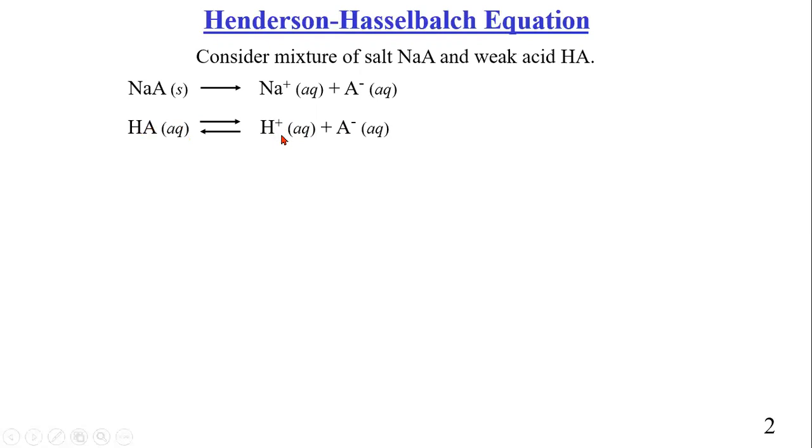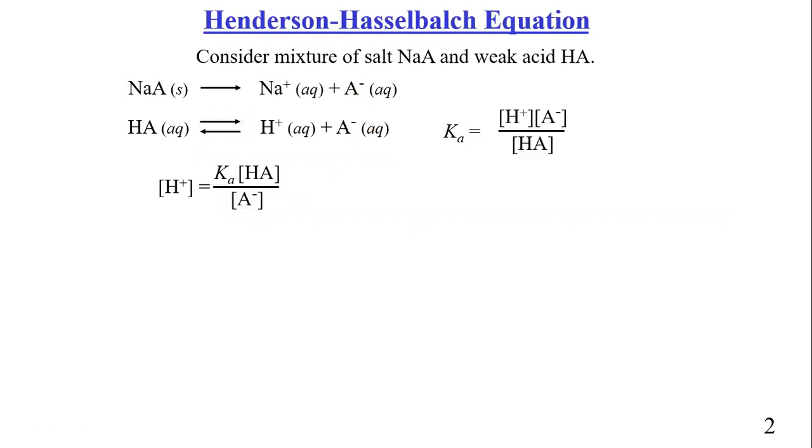This is just a simplification here, and we just put H+ and A-. Nonetheless, the first reaction is a one-way reaction. The second one is a reversible reaction. And remember, when we have that type of thing, we take the first reaction as if the A- is already in my solution, and I take it into the second equation.